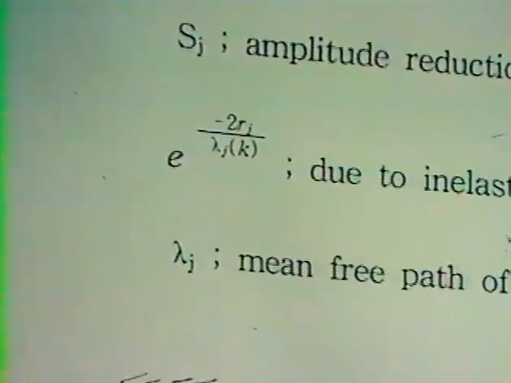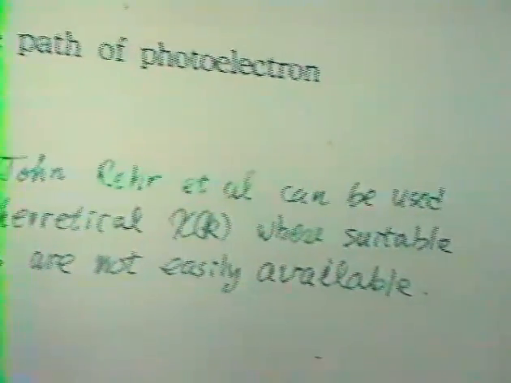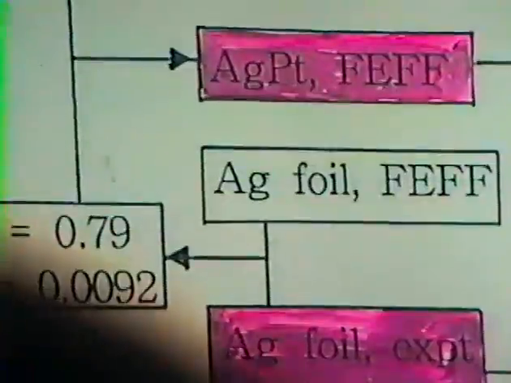So in that case, we used the FEFF code distributed recently by Ryong Ryoo at the University of Washington to generate a theoretical XAFS spectrum. And we have seen that this theoretical XAFS spectrum is very useful for our bimetallic systems.